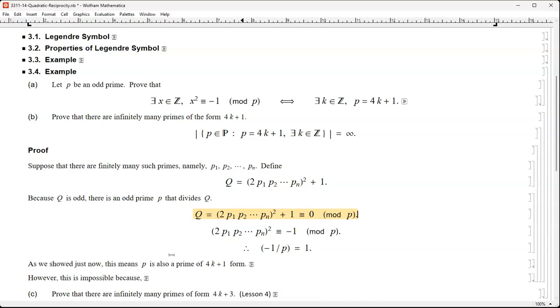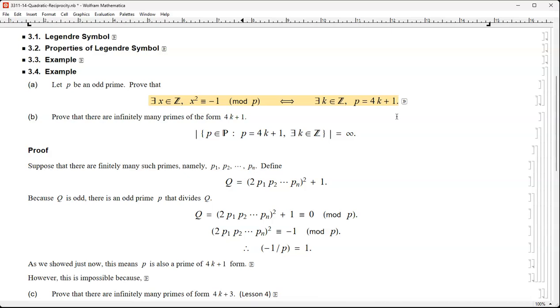Consequently, this 2 times P1, P2 up to Pn, squared is congruent to -1. So what do we get? Oh, -1 is a quadratic residue. Remember this? -1 is a quadratic residue. That means this prime P is a 4k plus 1 type odd prime by what we did in part A. Do you see this?